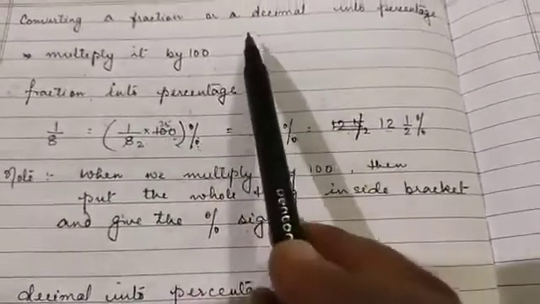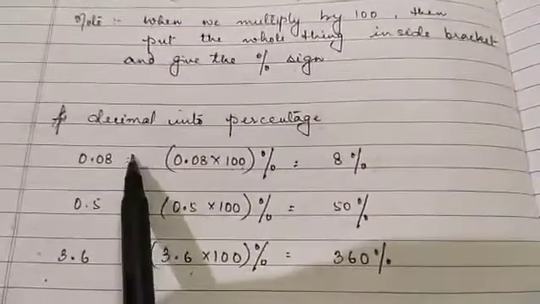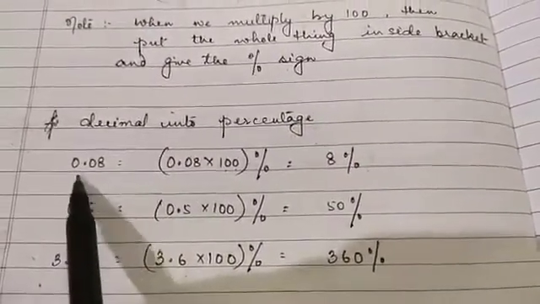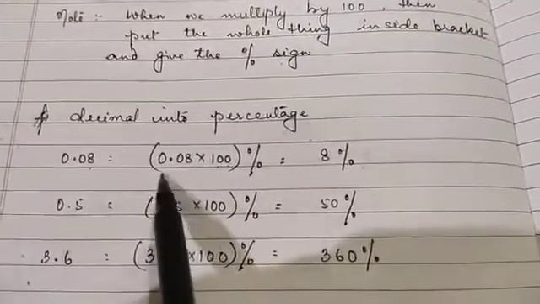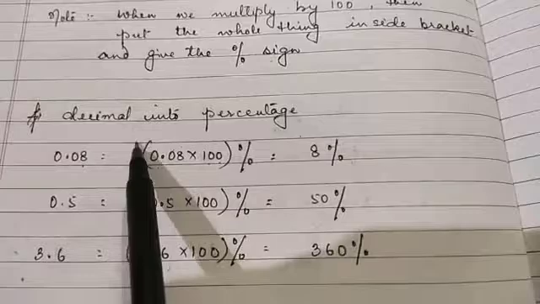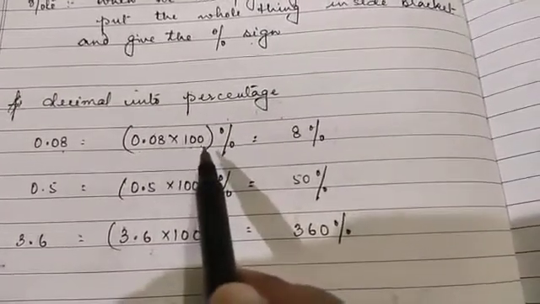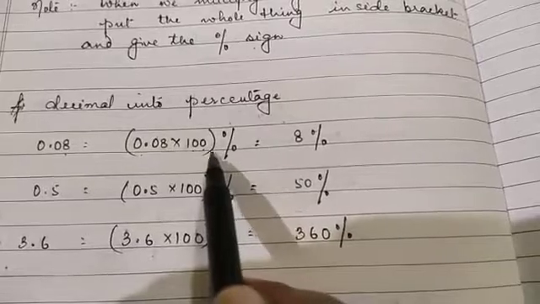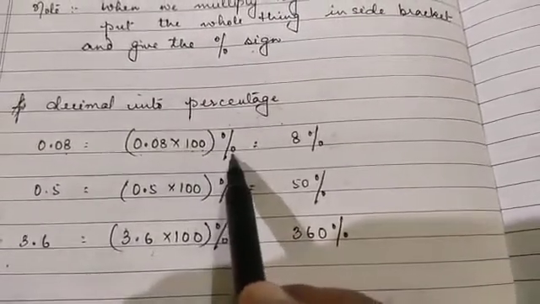Now we are going to convert a decimal into a percentage. Let us take this decimal 0.08. Similarly, anything we need to convert to a percentage, we multiply it by 100 and put the whole thing inside the bracket and give a percentage sign.